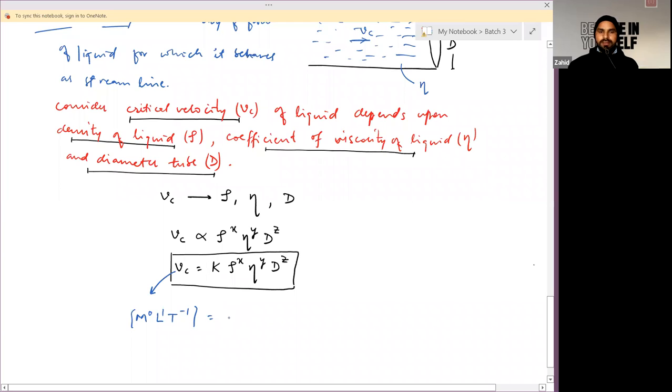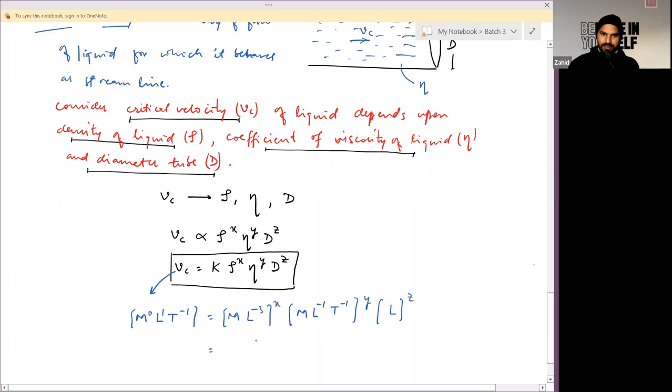Rho, which is density, is mass divided by volume, to the power x. Eta, coefficient of viscosity, will be M L^-1 T^-1, to the power y. D, diameter, is nothing but length, so it has exponent z.